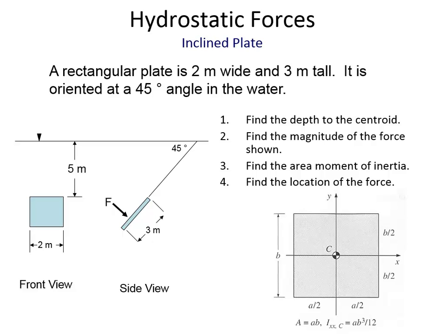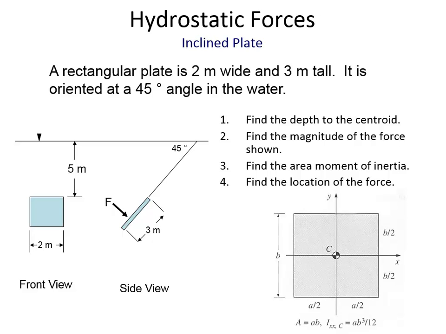You're going to have to remind yourself of some trigonometry for some of the problems that you'll work in this textbook chapter. In this case, the depth of the centroid we know is the center of area for a rectangle is, vertically speaking, half of the distance from the top to the bottom. So here's the centroid.